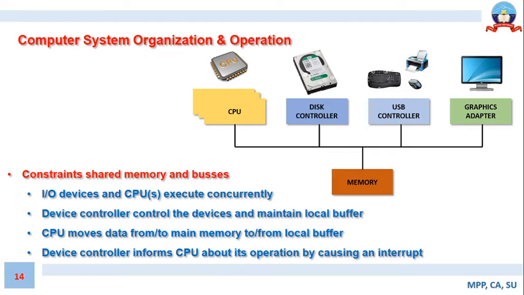So an interrupt is basically a mechanism of letting the central processing unit know that a high priority process is to be executed on behalf of certain devices. So this is the way a computer system works. The central processing unit performs its own business operations.